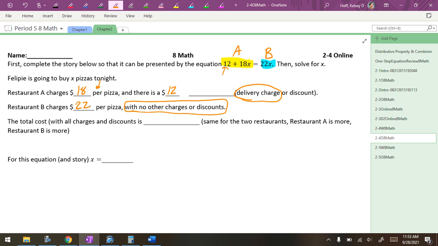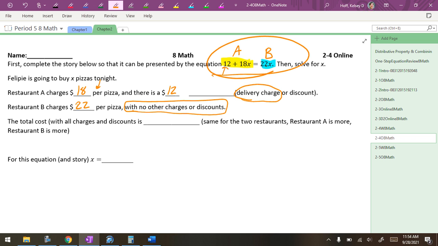You're filling in this blank to represent this equation. The total cost is the same for the two restaurants. Restaurant A is more or restaurant B is more. Don't solve anything. We're filling in and creating a story based on the equation. What do you think?